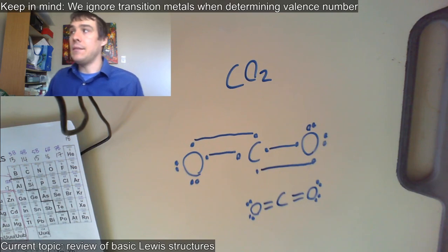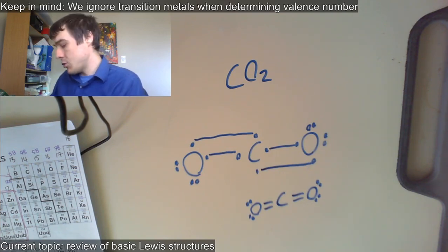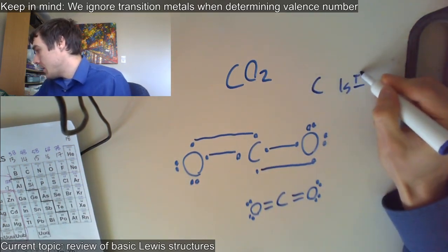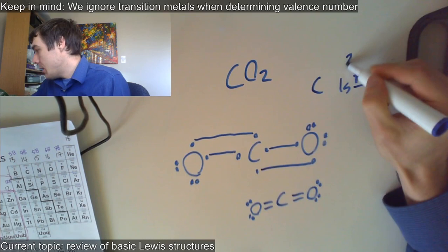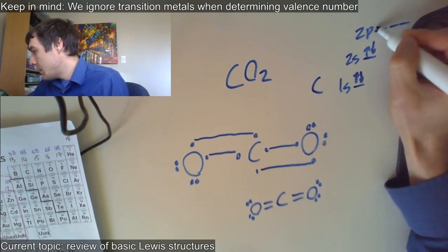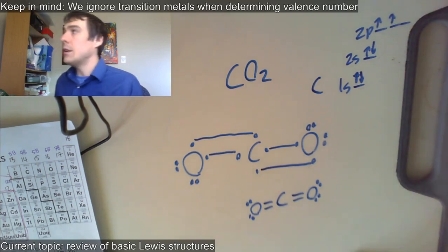So that's also down to hybridization, because if we think about what carbon should look like, carbon should be a 1s2, a 2s2, and a 2p2, right?